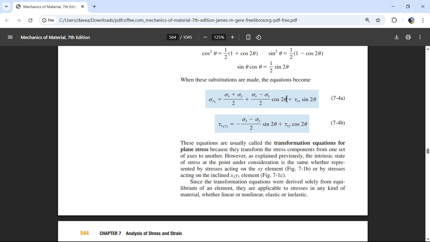And don't forget, these angles are going to have to be multiplied by 2. So the angle that you choose to rotate the element, that's theta, and then you have to multiply that by 2 in this equation. So if theta is 0, 0 times 2 is still 0. Cosine of 0 is 1.